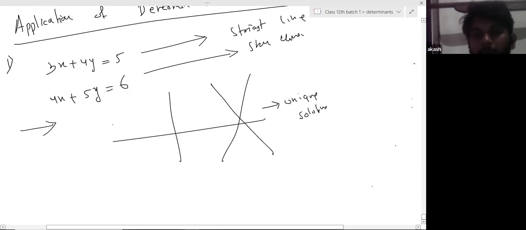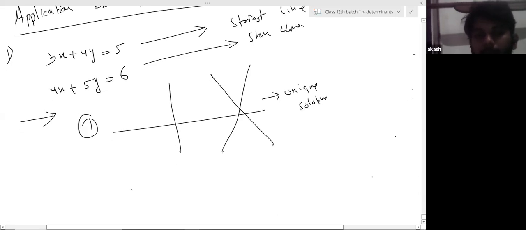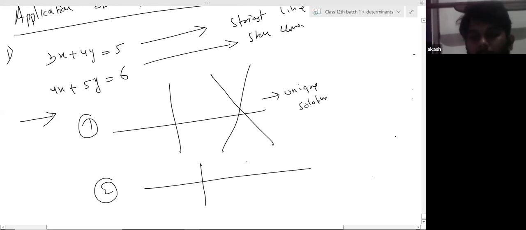The second situation is where they coincide, one lies on top of the other, giving many or infinite solutions.